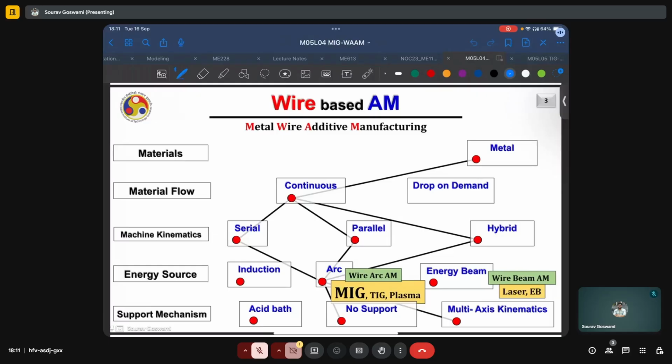And as usual, typically we'll want to eliminate the need for any supports. That can either be done through careful orientation, or in case of very simple geometries you don't need a support structure at all.